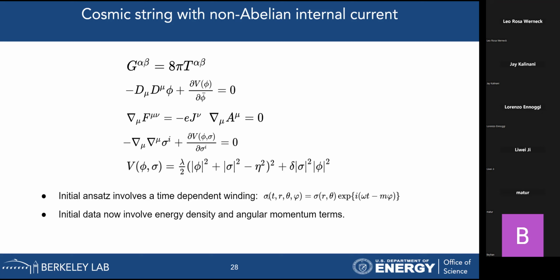And that's expressed by saying the ansatz for the initial data of sigma is equal to some profile in the radius and theta times e to the i(omega t minus m phi). That m should actually be an m over r, for the initial radius of the string. So all of this means the initial data now involve both energy density and angular momentum terms that we need to solve for.